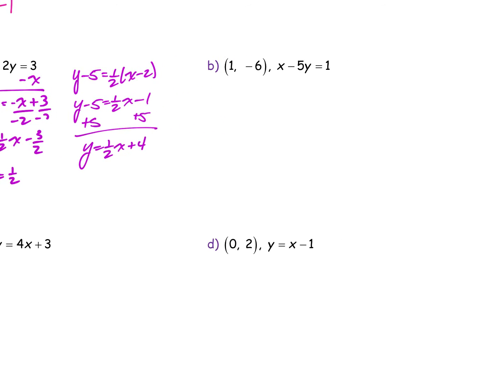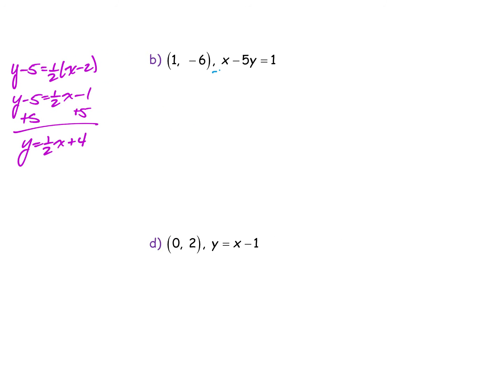Okay. Next one. Subtract x. And I get negative 5y equals negative x plus 1. Divide by negative 5. And y is going to be equal to 1/5 x minus 1/5. So my slope equals 1/5.